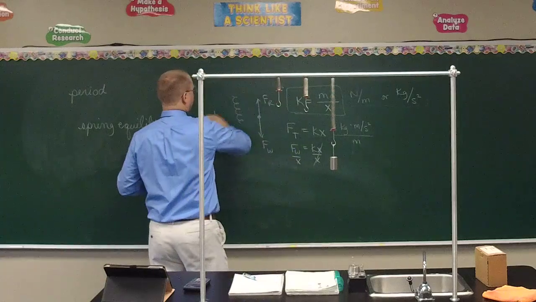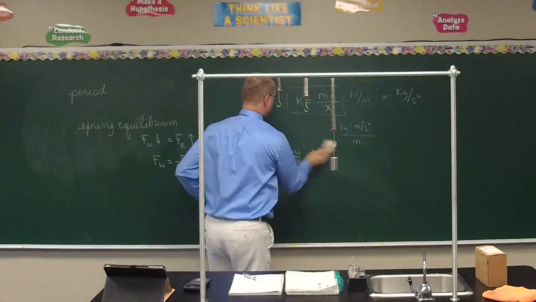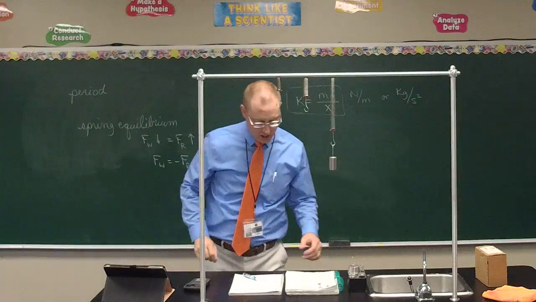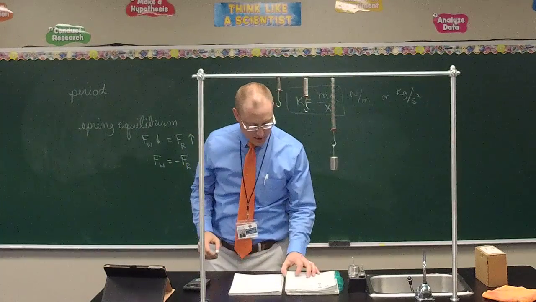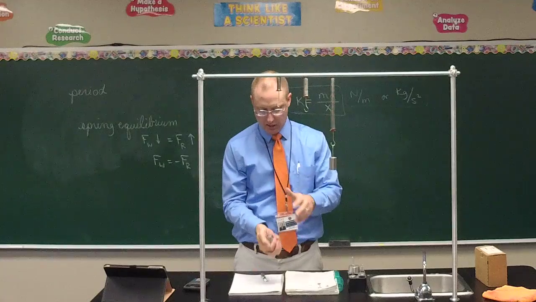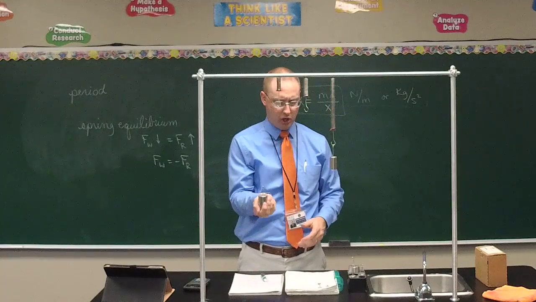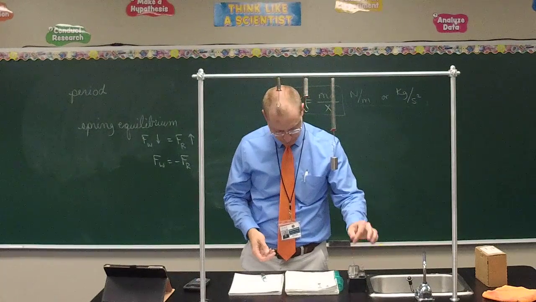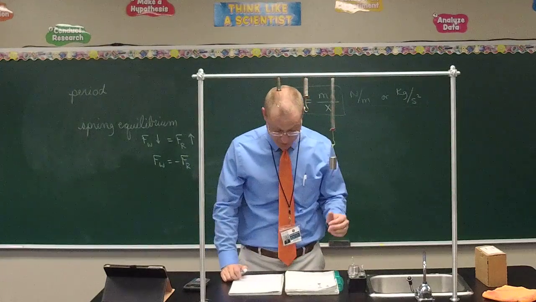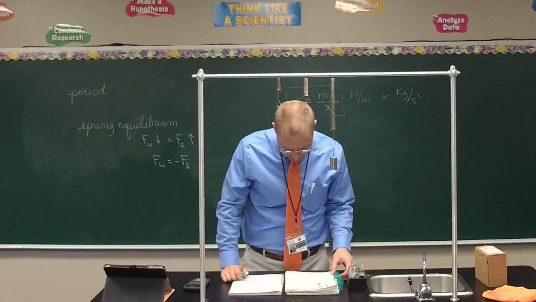All right, so let me go ahead and erase some of the extra stuff here. It starts off, we've got a light spring, and then we hang a 450 gram mass. That's about this. So this is about a pound or so, and so it's a pretty sizable mass hanging from what they call a light spring.